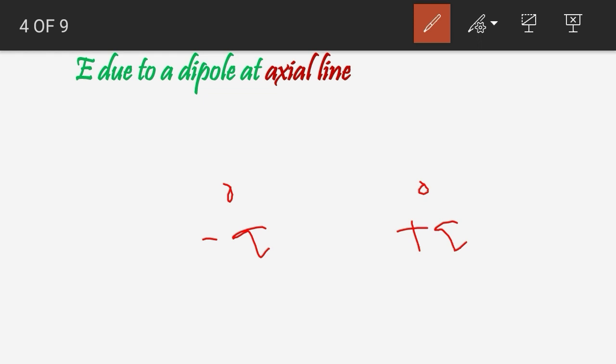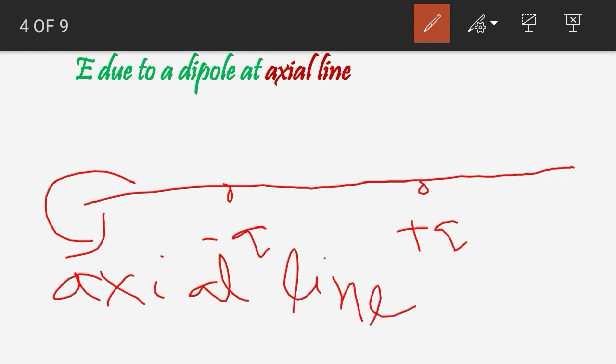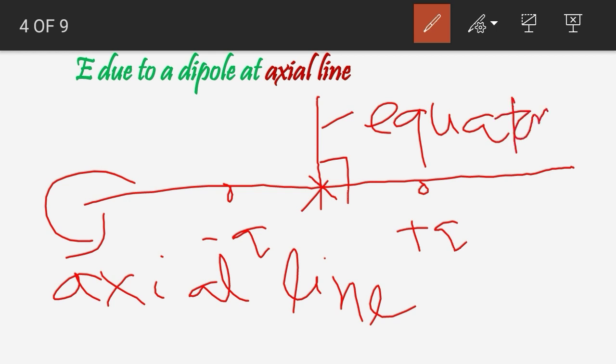That line, the line which contains both of the charges, is called the axial line of this dipole. And exactly at the middle point of this dipole, if we draw a perpendicular, then this perpendicular line will be called the equatorial line, right?